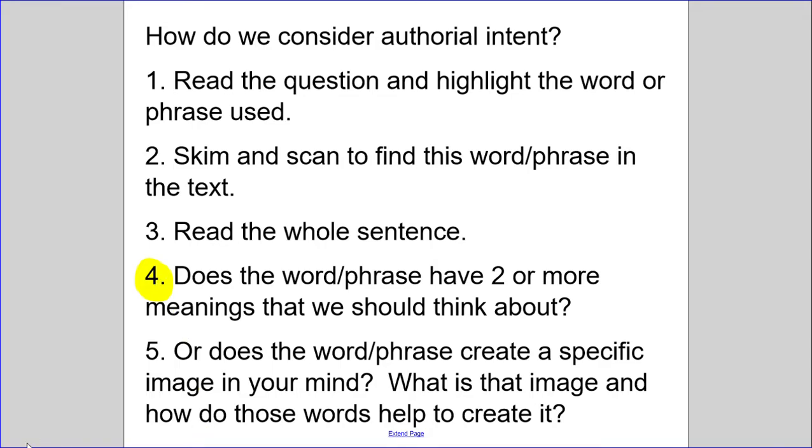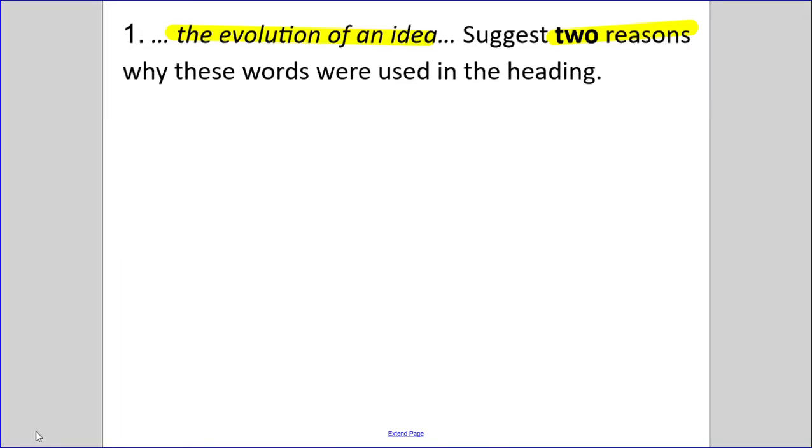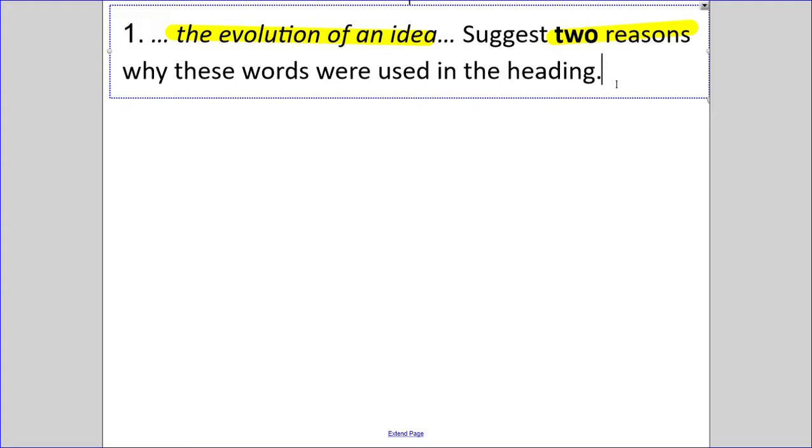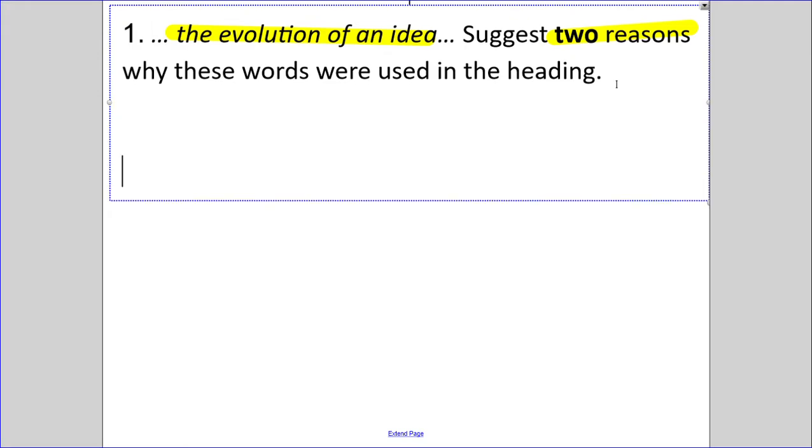So first of all, what does the word evolution mean? We've talked about this quite a few times now between our reading comprehensions and our science. So evolution means things changing slowly over time. So what is this text telling us about?